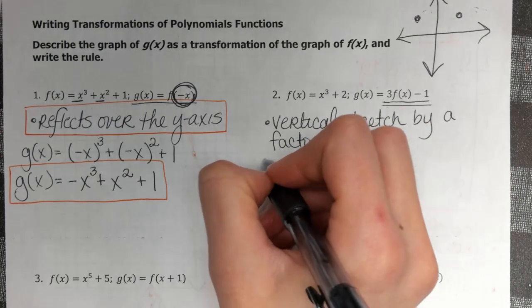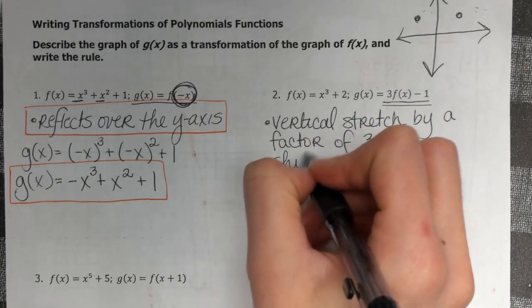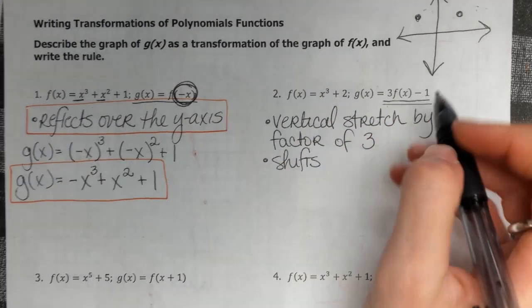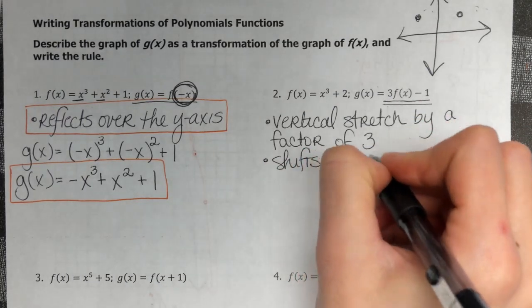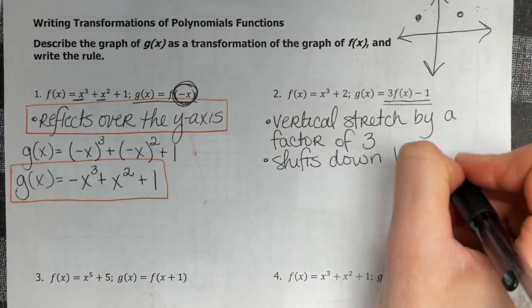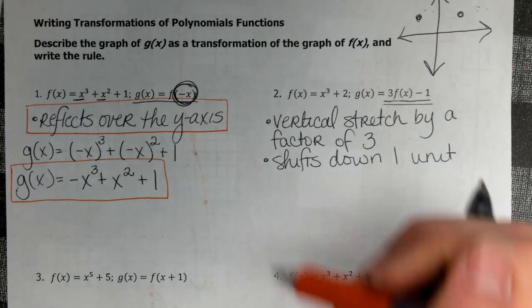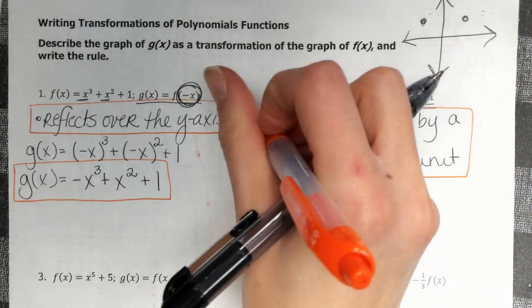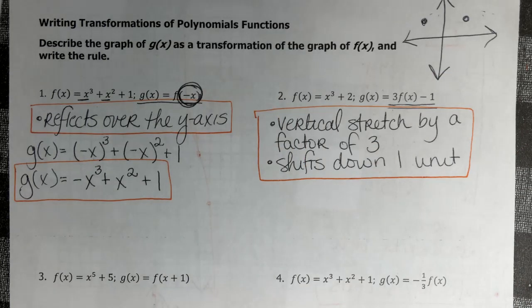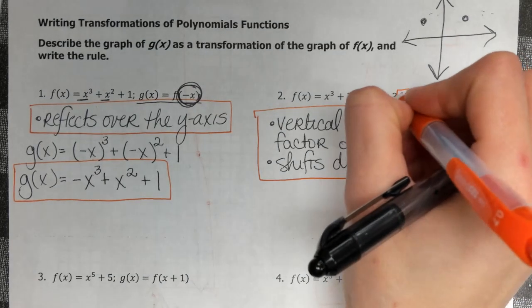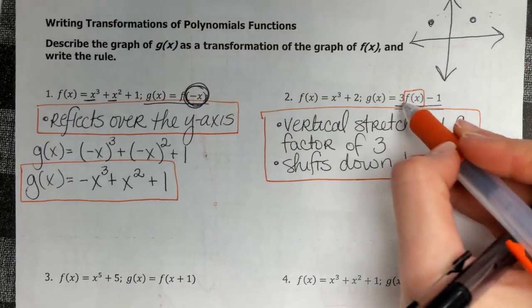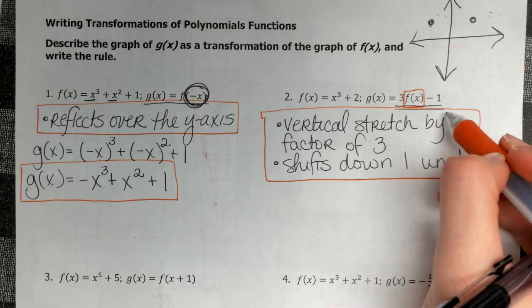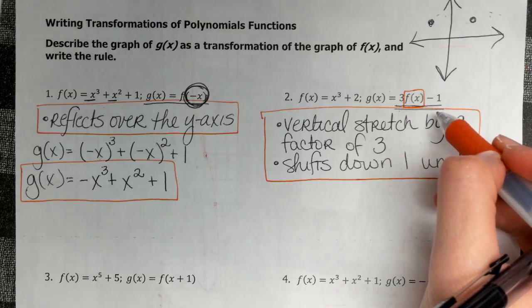And then that minus 1 tells me I'm shifting where? Shifts down 1 unit. So how do I build my new function if I have two transformations? Okay? I'm taking my f of x and I'm multiplying it by 3, and then I subtract my 1 according to order of operations, right?